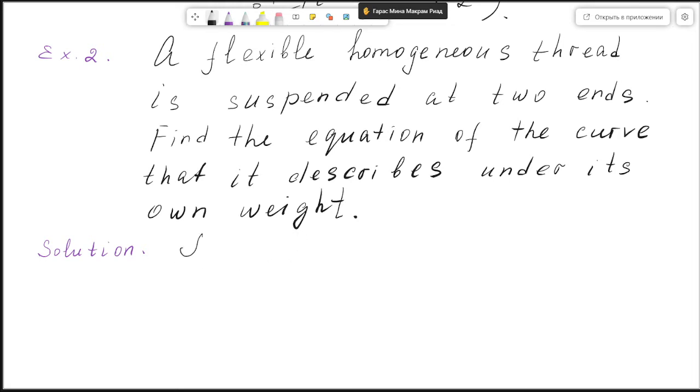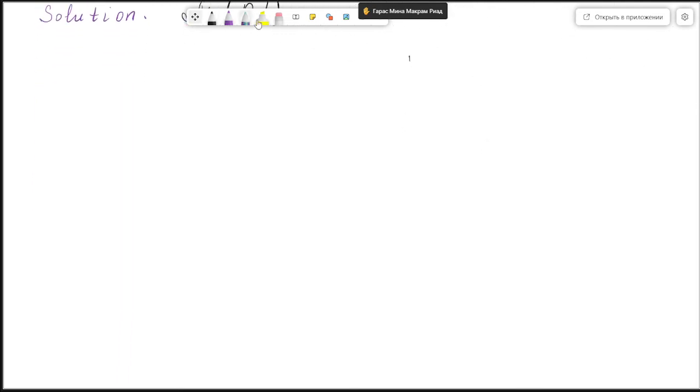Let M0, with coordinates 0 and b, be the lowest point of the thread. It is the y-axis.